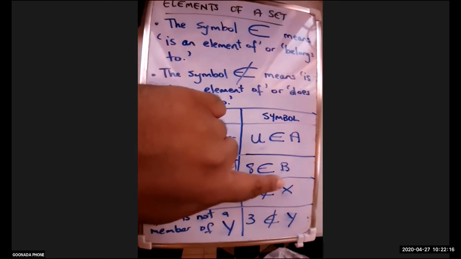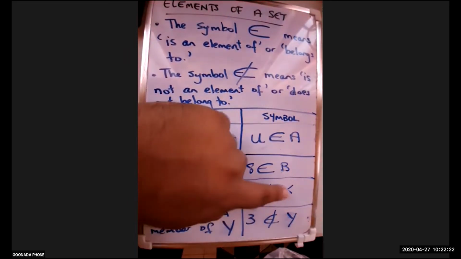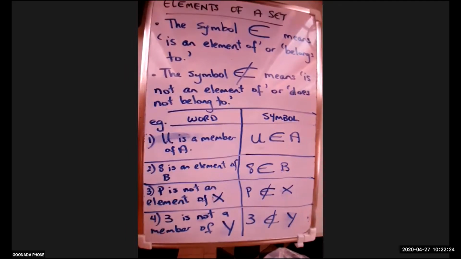P is not an element of X. And lastly, 3 is not a member of Y. So that means that 3 does not belong to Y. Any questions there? Any questions? No, sir. Okay.